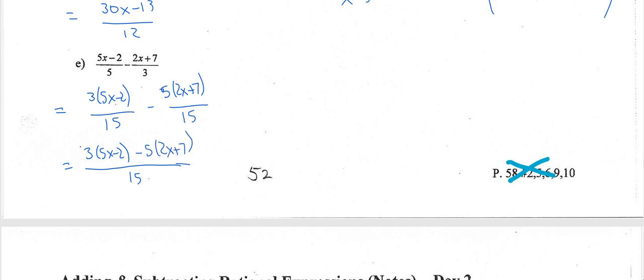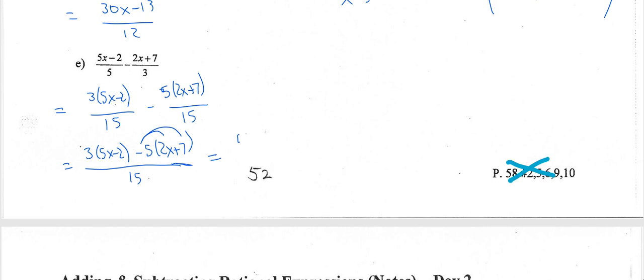The reason I'm writing it like this, because that minus has to be distributed now to everything in the second fraction. It's subtracting the entire second fraction. So you have to be very careful with it, because a common mistake is to just say minus 10x and then plus 35, but it's not, because it's minus 10x and also minus the 35. Okay, so that minus must be distributed to everything.